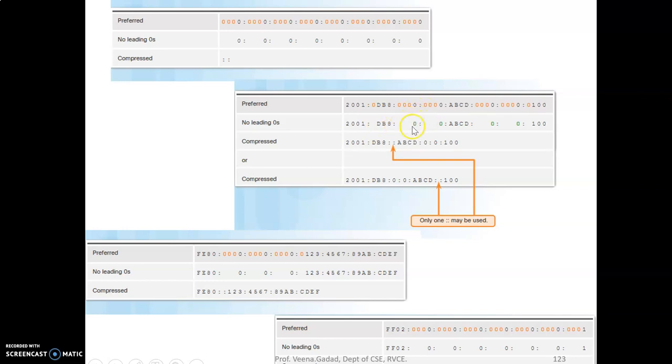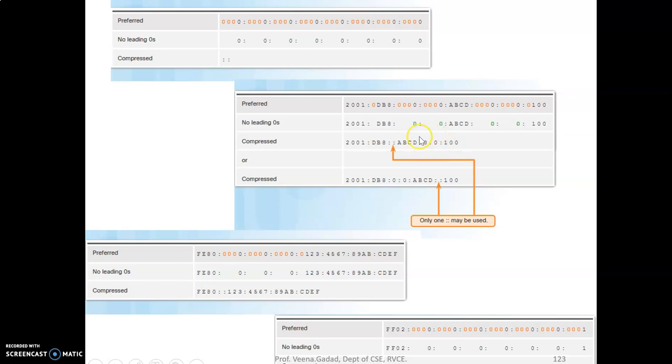Next, I represent a 0, a 0, ABCD, a 0, and 100. First, I've removed all the leading zeros. Next, I try to compress it: 2001, DB8. Now, since I have 2 consecutive hexets as 0, I just represent it as colon colon followed by ABCD 0, 0, 1, 0, 0.